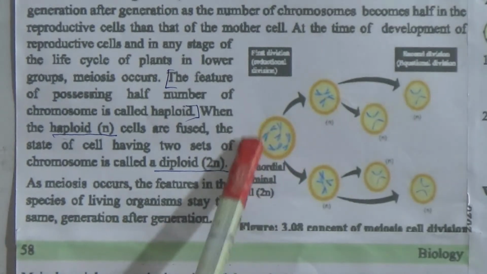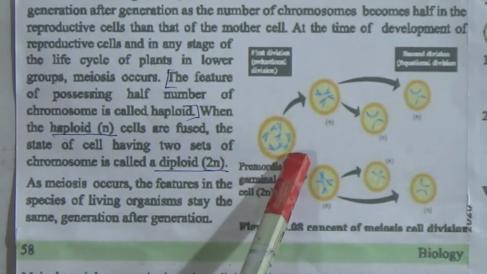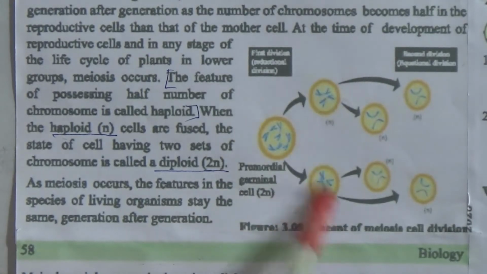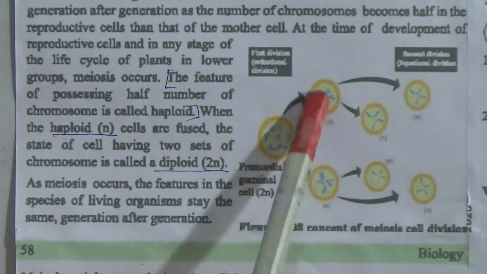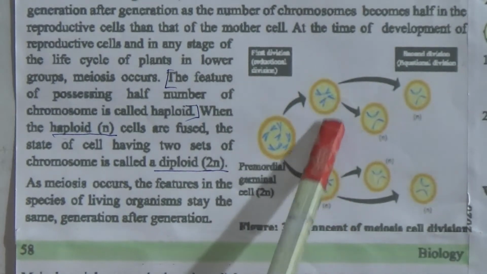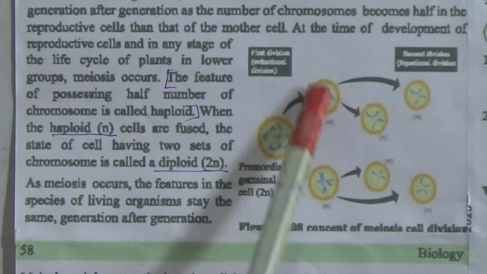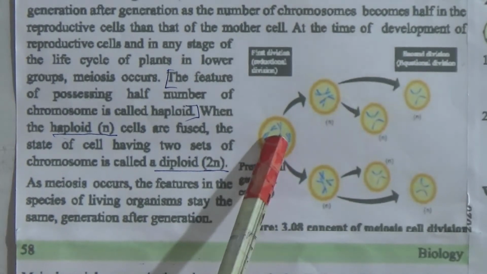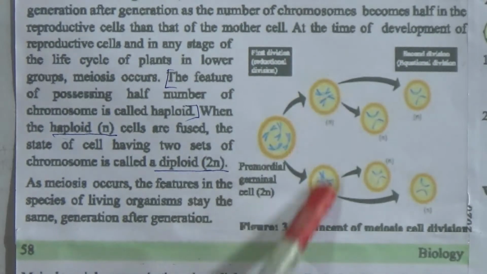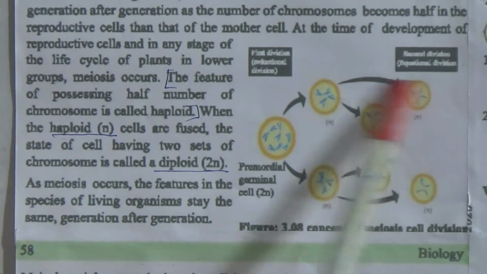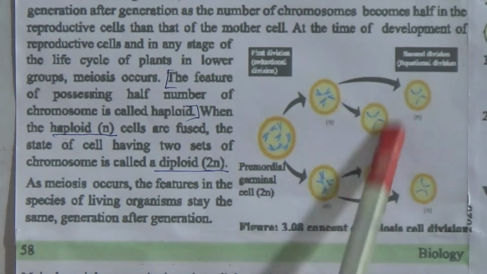If you observe, this mother cell has 4 chromosomes, and in the first stage it gets half the number of chromosomes, and the daughter cells get the haploid number of chromosomes, which is 2 chromosomes. Again there is the second part, meiosis 2.